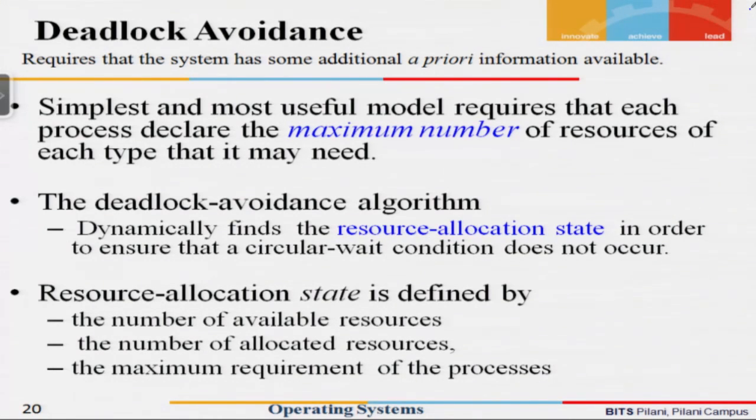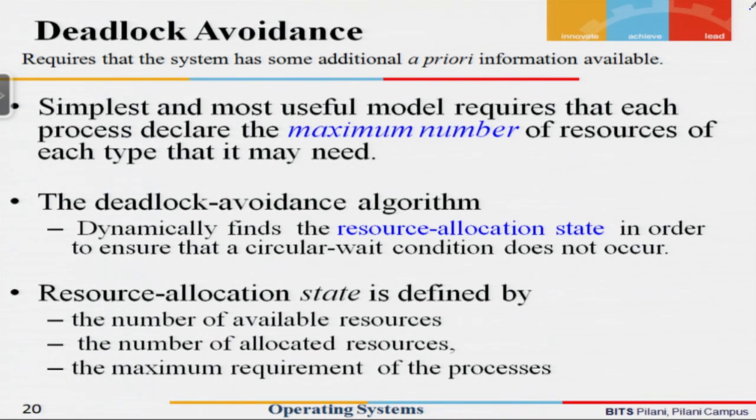One of the simplest things required to be known is the maximum number of resources of each type that a process may need. We call this the need. If we know the need of a process, then only can we have an algorithm which will help us in avoiding the deadlock.